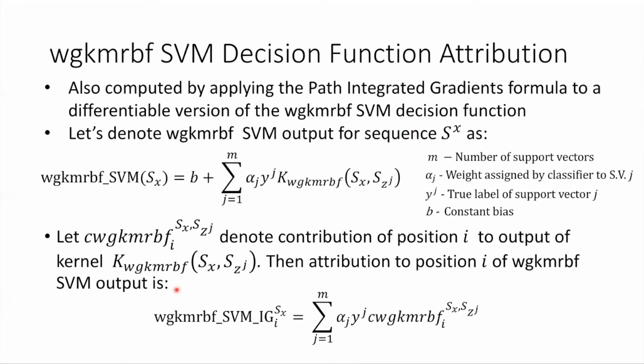And similarly, WGKM RBF SVM IG_I(SX) is the part of the decision function attributed to position I of sequence SX. And this is a summation of the weighted contribution to position I from each of the support vectors. The contribution to position I from support vector SZJ is given by CWGKM RBF_I(SX, SZJ). In the next slide, we'll explain this term in more detail.